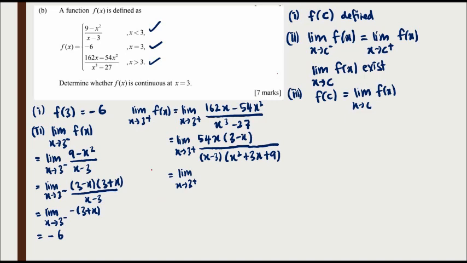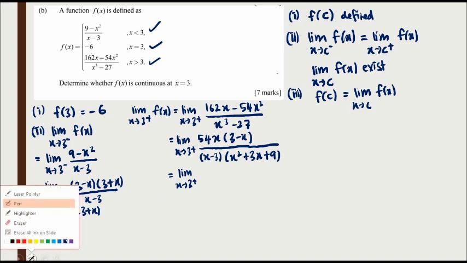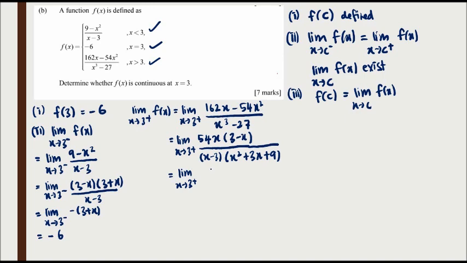So you have to factor out the negative sign first from the numerator, and you will get negative 54x for the numerator, and for the denominator, x squared plus 3x plus 9. So we factor out negative first so that we can simplify 3 minus x with x minus 3.